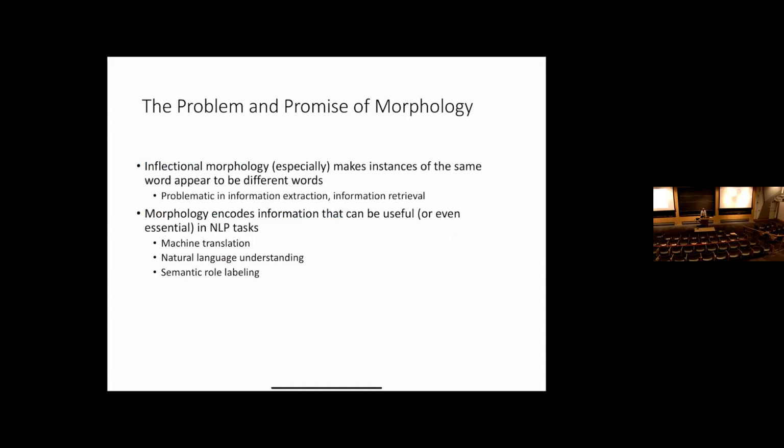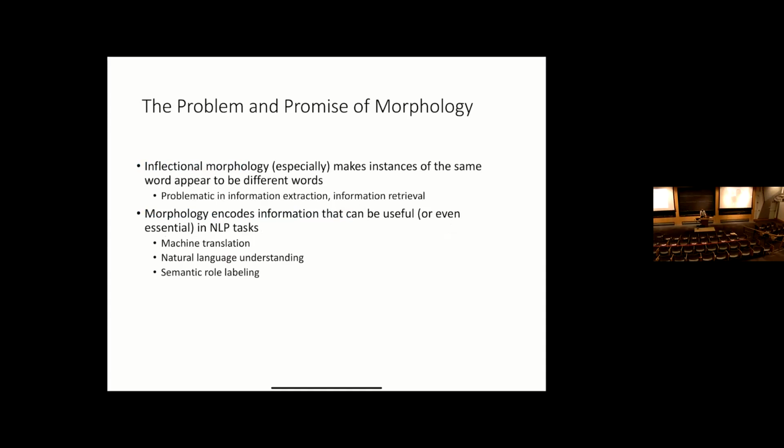So why do we care about morphology? Well, on the one hand, morphology is a problem, particularly inflectional morphology. It makes words that are the same word look like different words. It disguises underlying unity in the guise of difference.